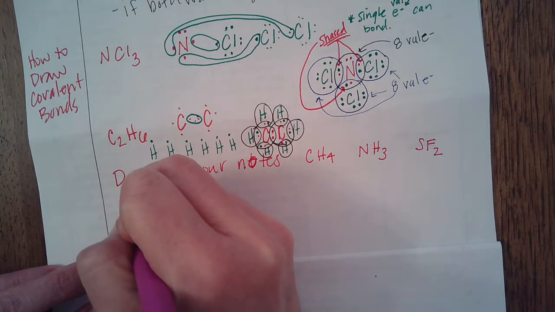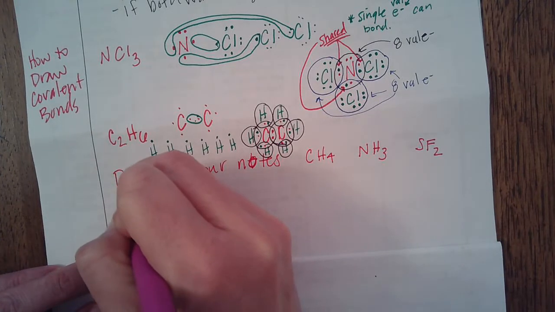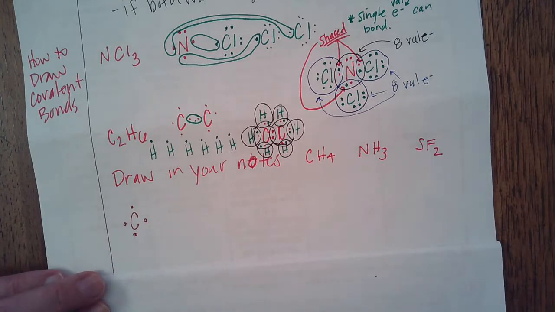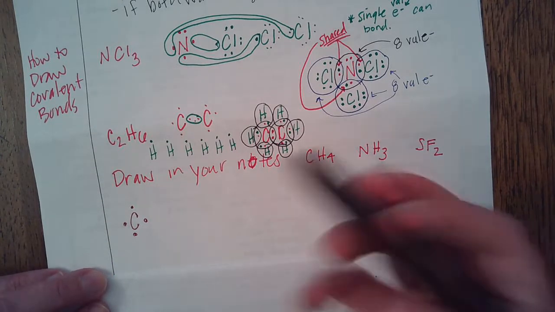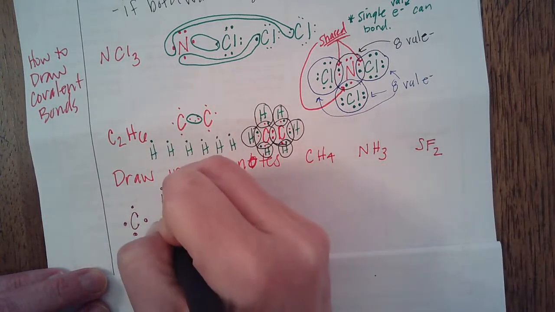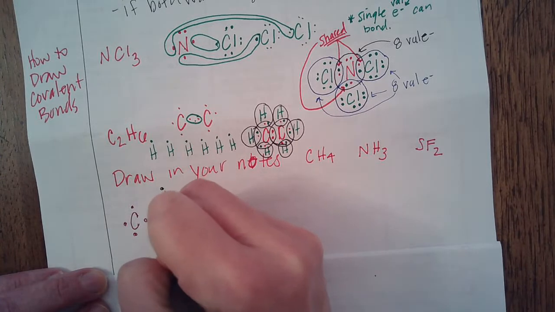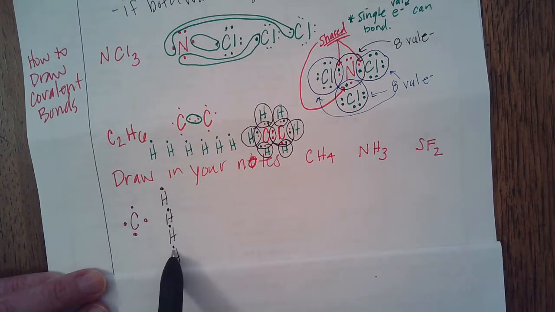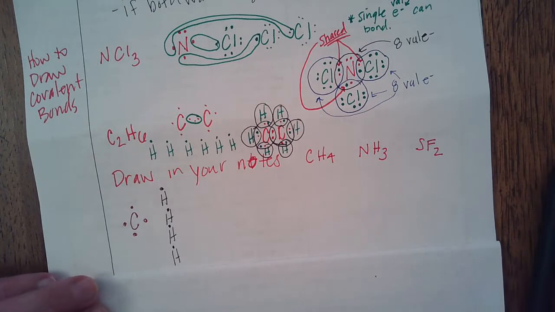So let's do CH4. So for carbon, it has 4 valence electrons. And then each hydrogen is going to have 1. And there's 4 of them. Well, this can make 4 bonds because it has 4 single ones, right? And these can each make 1 bond.